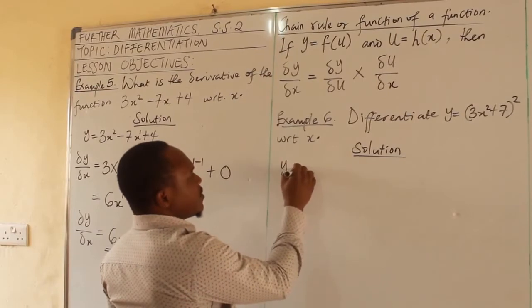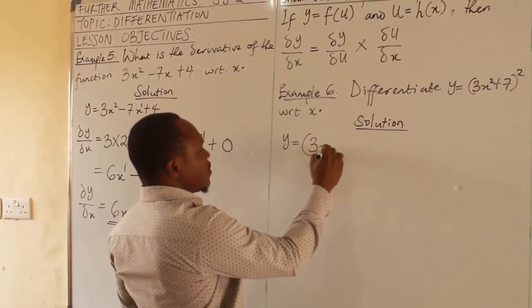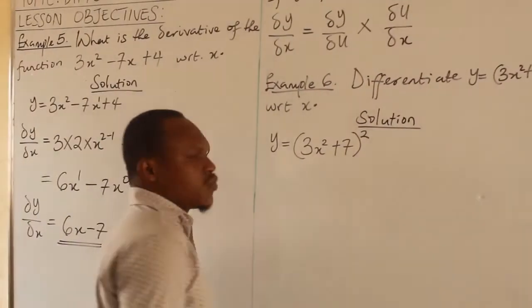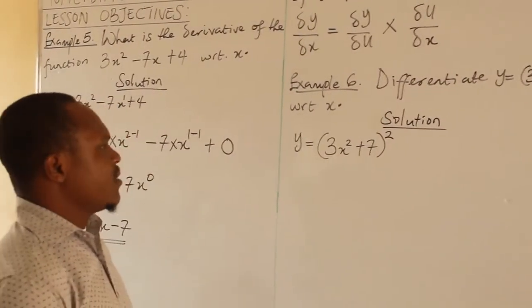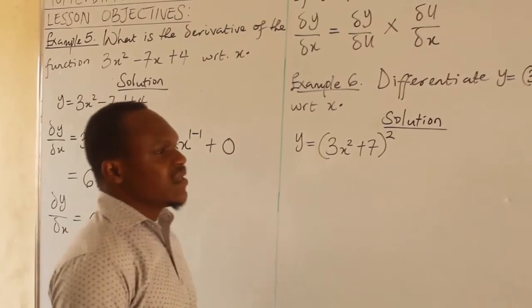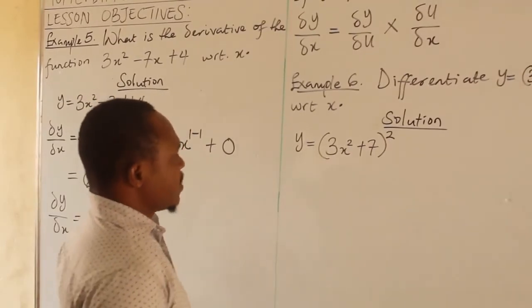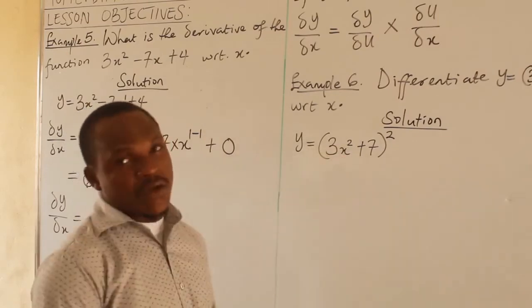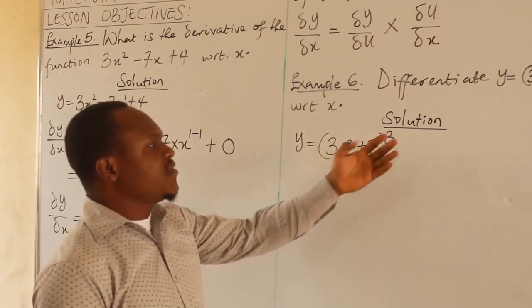So y is equal to (3x squared plus 7) all raised to the power 2. Now we can make an arrangement and say, if you observe, 3x squared plus 7 is a function, all raised to the power of 2 is another function.